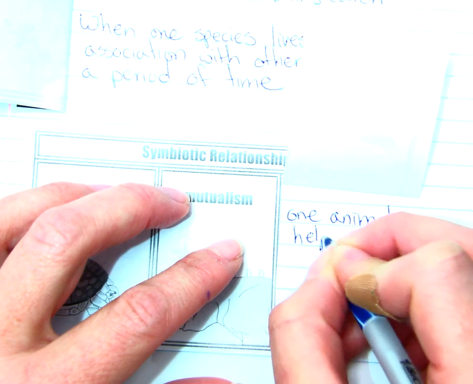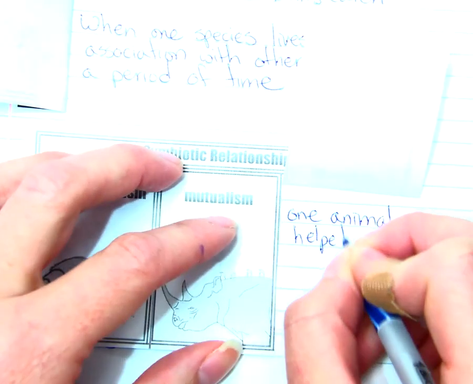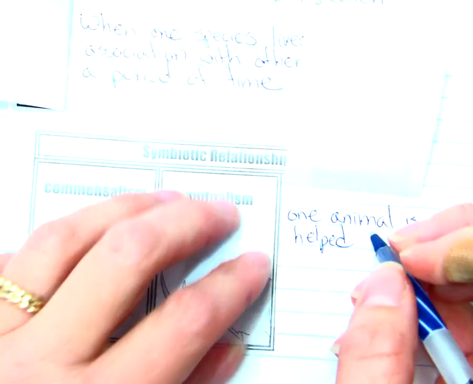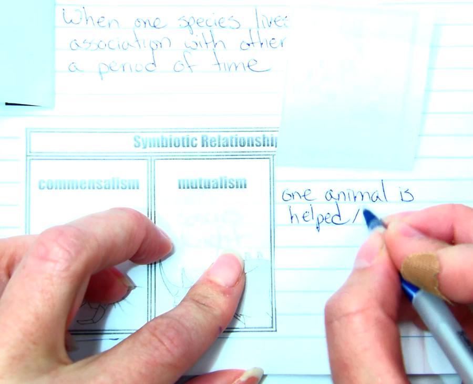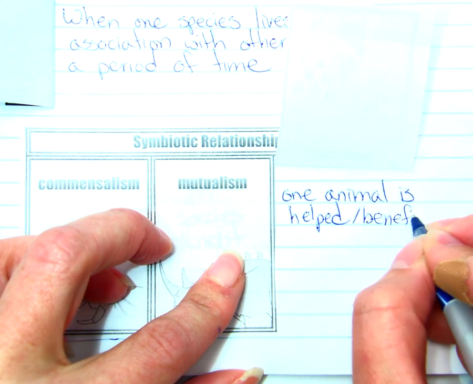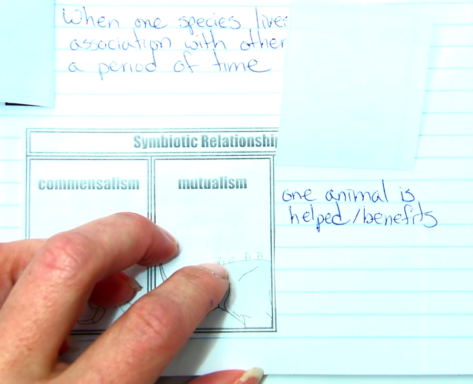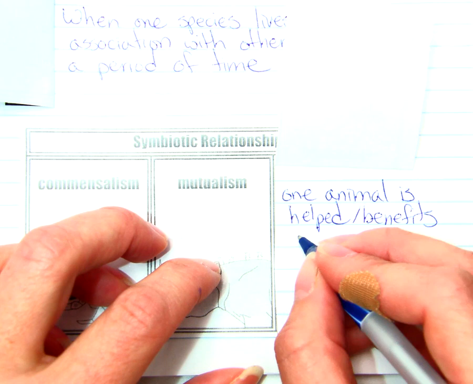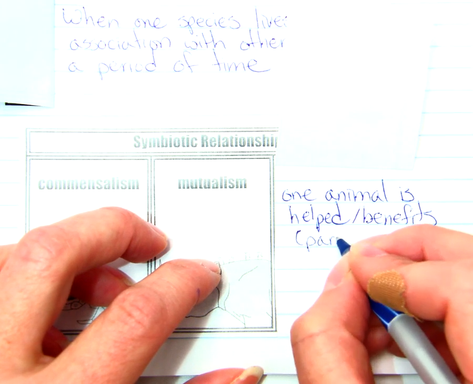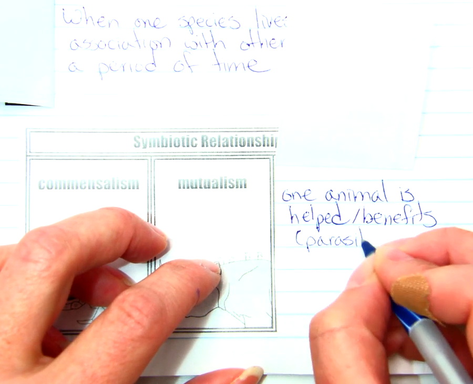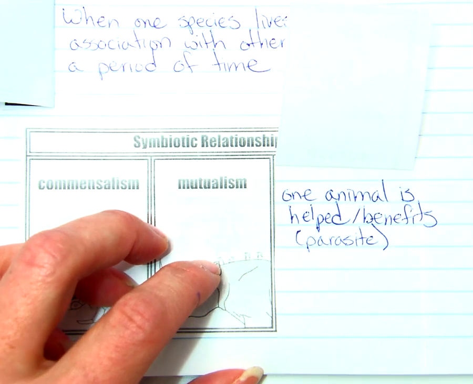So in parasitism, one animal is helped or benefits. We call that one the parasite.